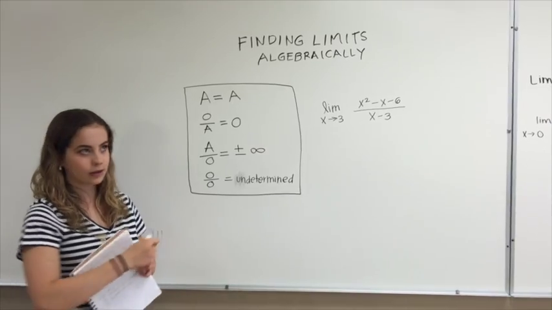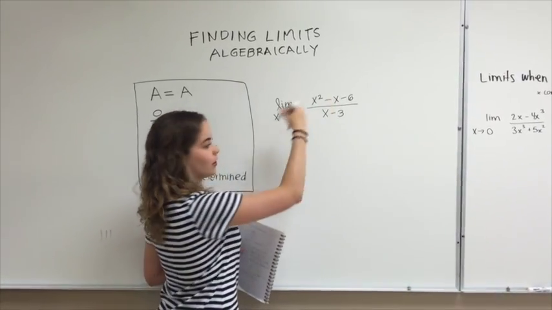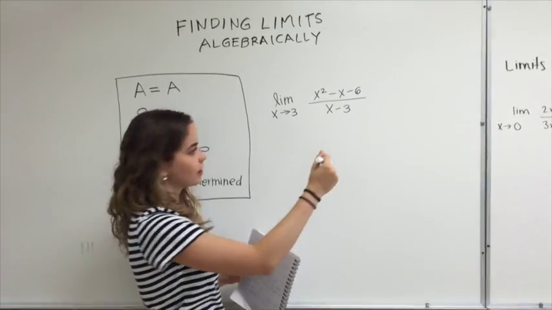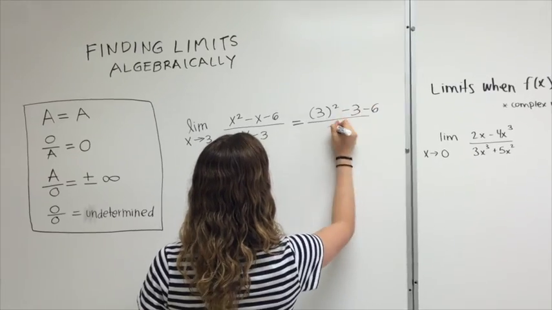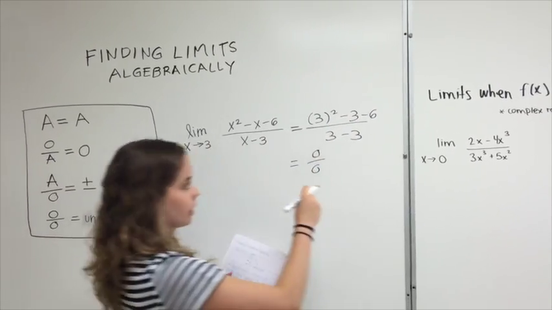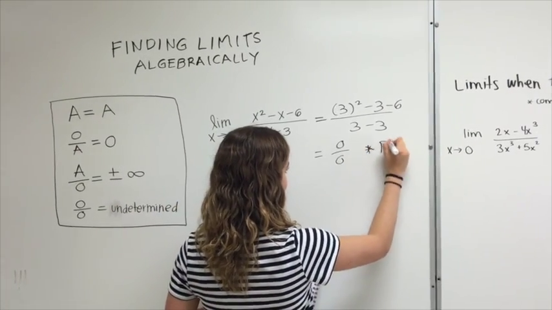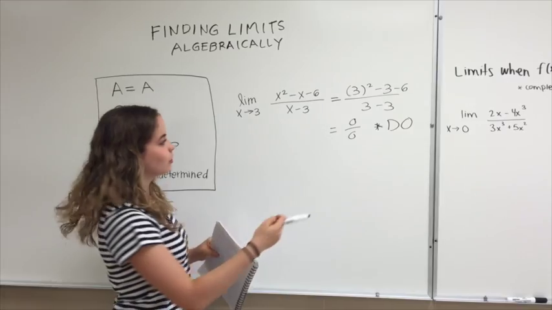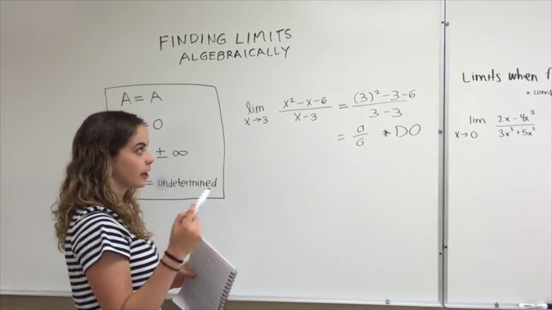So in this example, if you put the 3 in the function of the example, you get 0 over 0, which means you have to do something. So what you have to do in this example is factorize first.